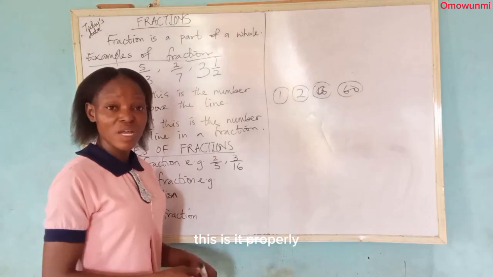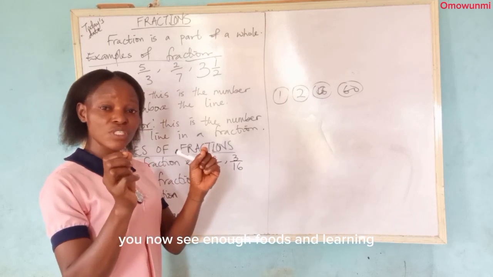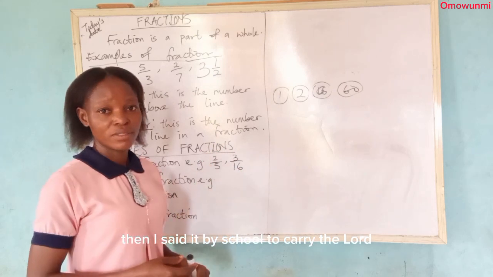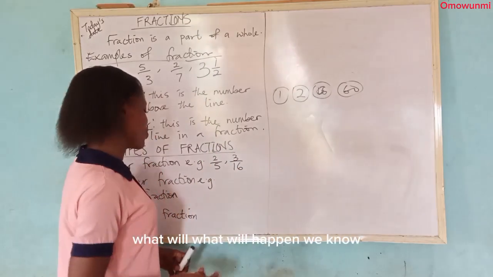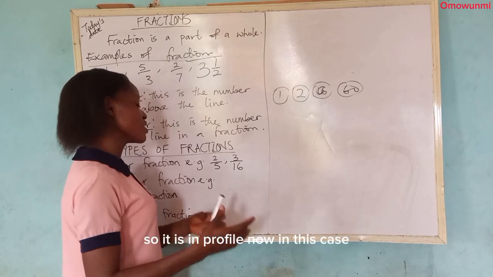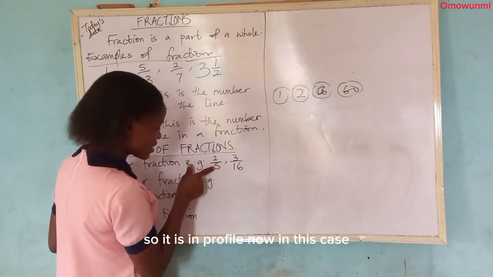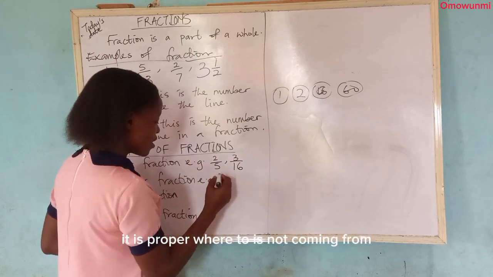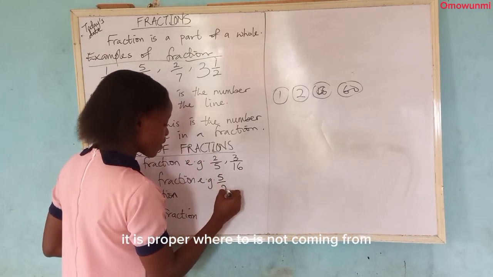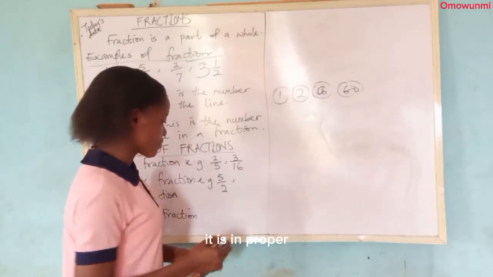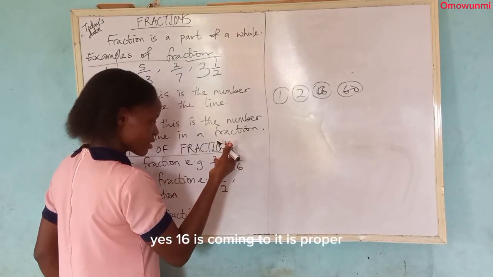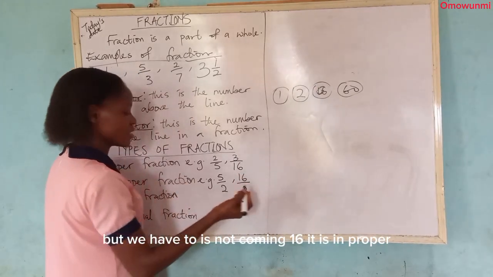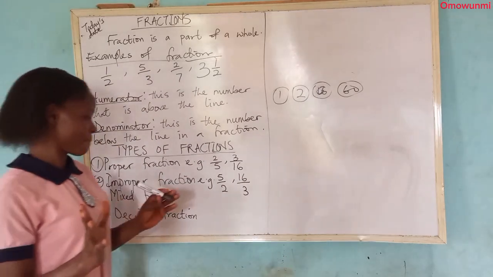It is improper when they say a bicycle should carry the lorry. So in this case, 5 is carrying 2, we said it is proper. When 2 is carrying 5, it is improper. Where 16 is carrying 3, it is proper. But where 3 is carrying 16, it is improper. Simple as that.